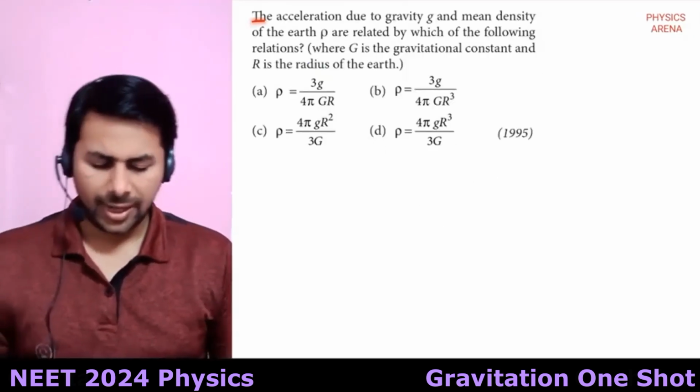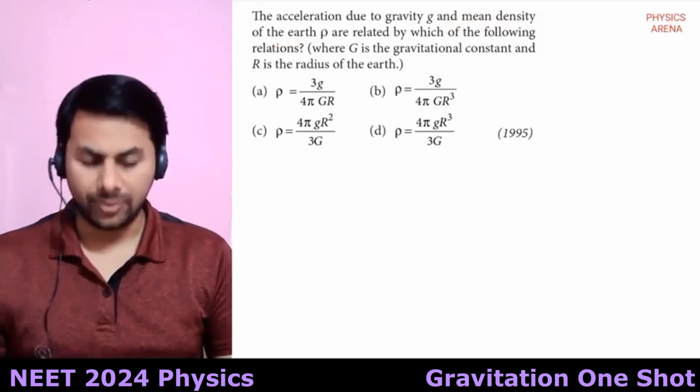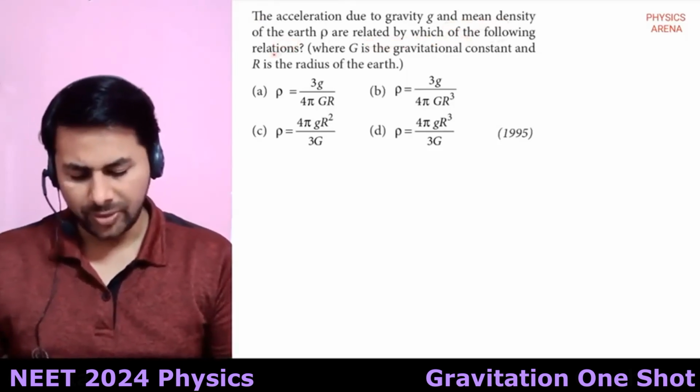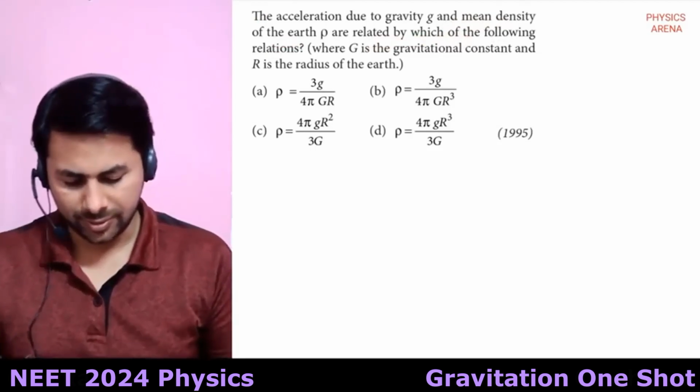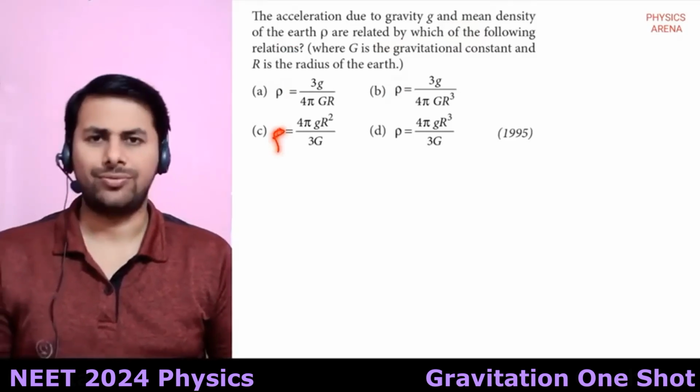Let's see this one. The acceleration due to gravity g and mean density of Earth rho are related by which of the following relations? Okay, so here the relations are given in terms of rho.